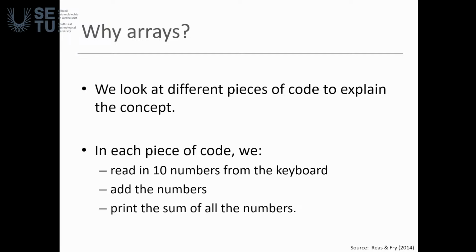We're going to add the numbers, and we're going to print the sum of all the numbers. So we're going to have pieces of code where we read them in and we lose the information. We're going to have pieces of code where we read them in and we store them in 10 different variables. And we're going to have a piece of code that's nice and neat and that we can introduce loops to, where we have an array. Okay.